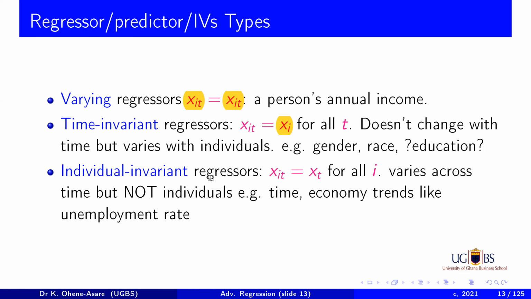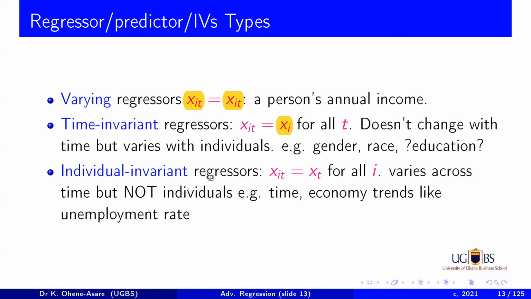An example could be gender. Gender does not change across time. You don't just change your gender every year. Race also doesn't change across time. So these are called time invariant regressors, or time constant regressors.